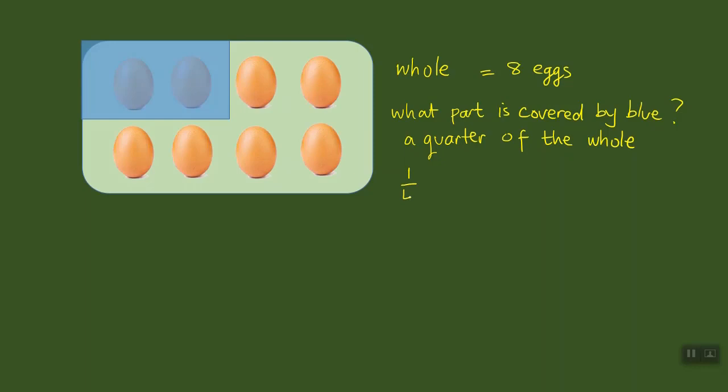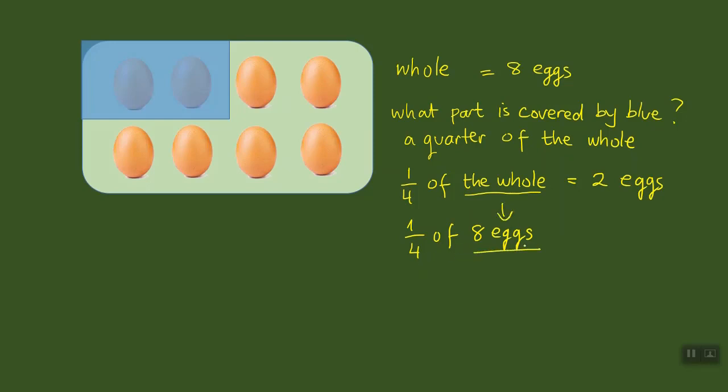A quarter of the whole is 2x. A quarter of 8x, because the whole contains 8x, we can change the whole into 8x. A quarter of 8x is 2x.